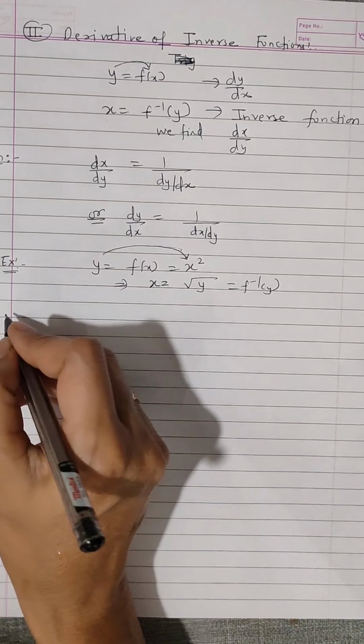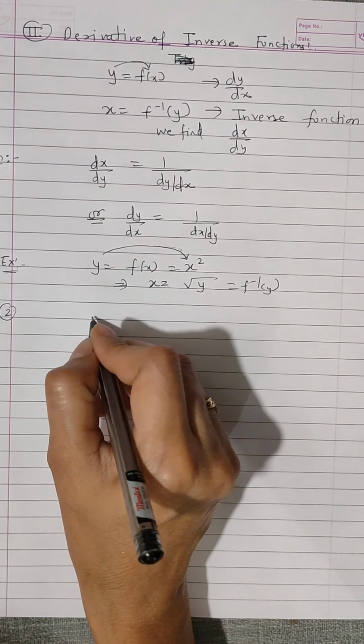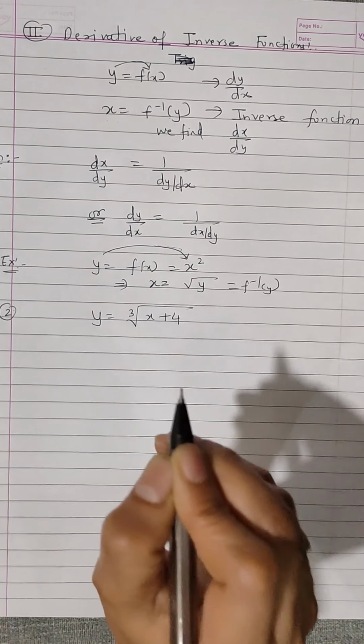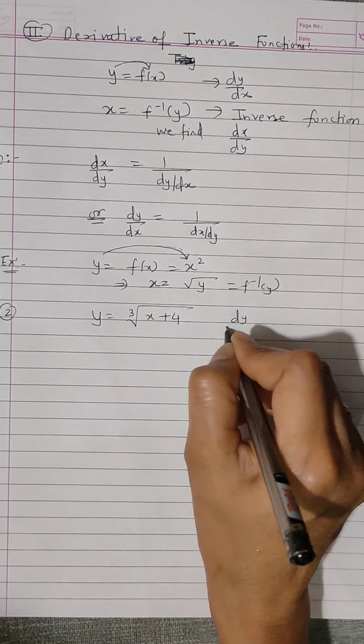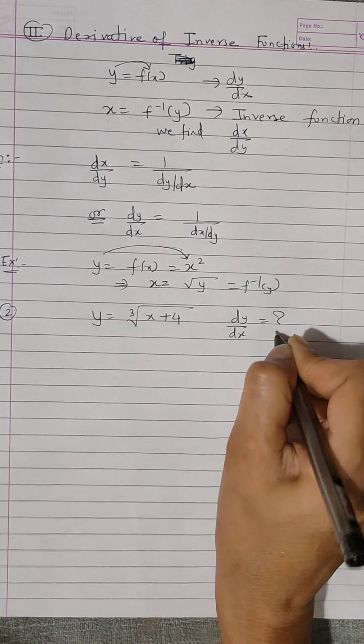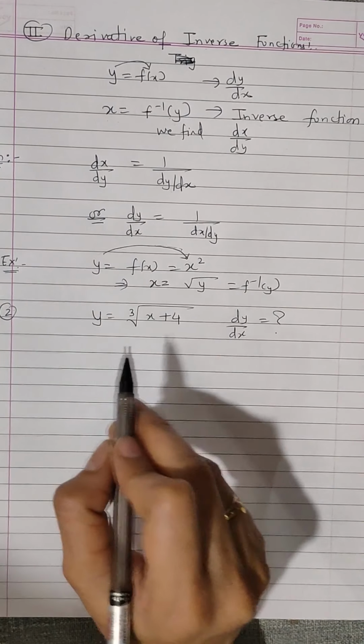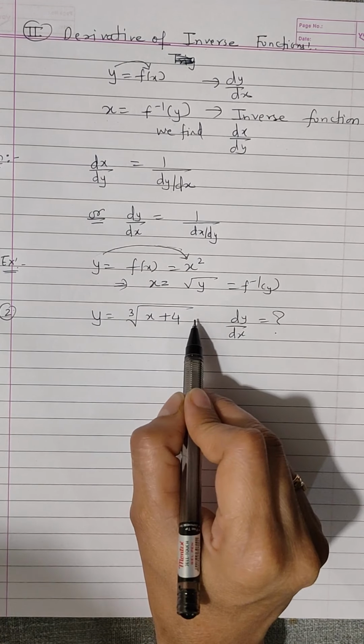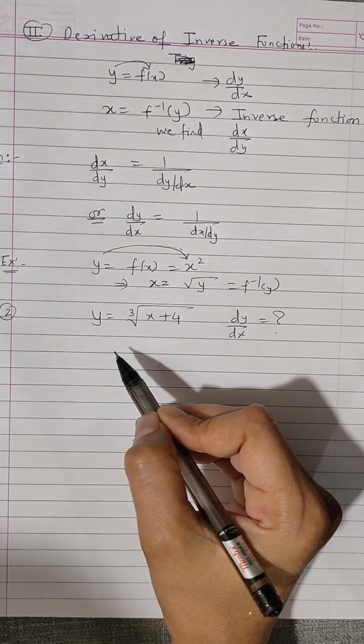Now let us take an example for derivative. Suppose y is the cube root of x plus 4. We have to find dy by dx. Since y is expressed in x, but x is under a cube root of x plus 4, we convert to the inverse function.